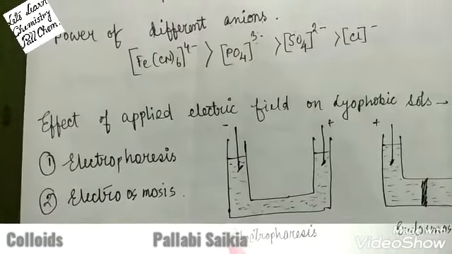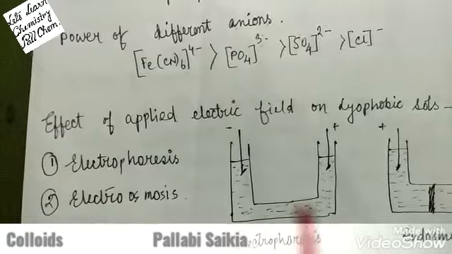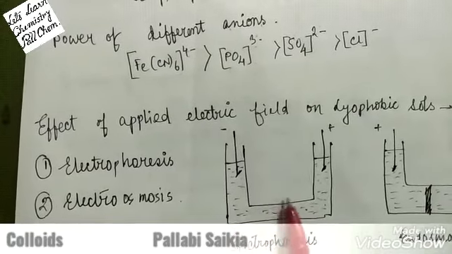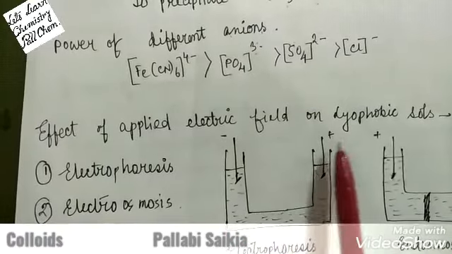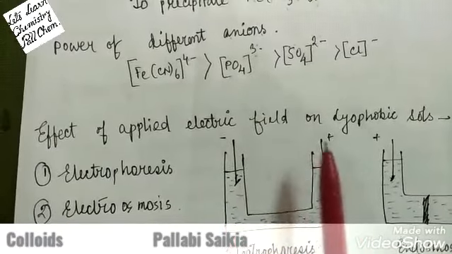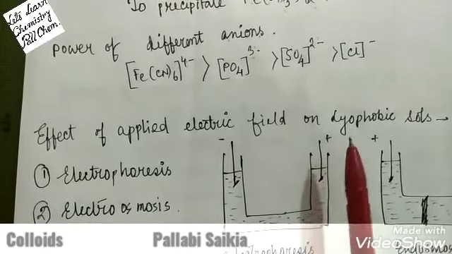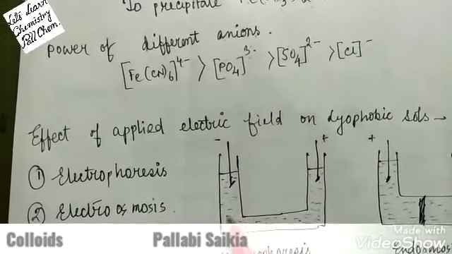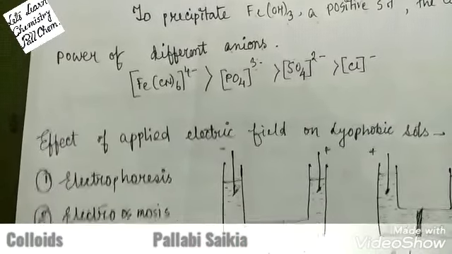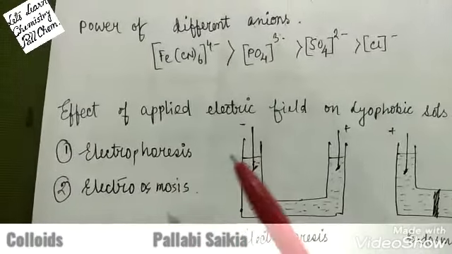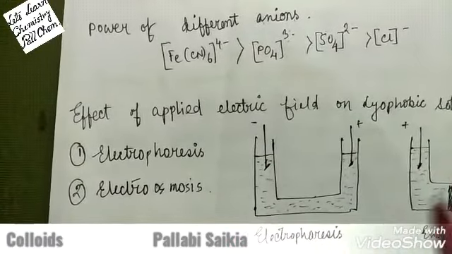When the colloidal particles are placed in an electric field, they will move to the oppositely charged electrodes, that is cathode and anode: the negative ions will move to the anode and the positive ones will move to the cathode. The movement of the colloidal particles under the influence of the electric field is electrophoresis.